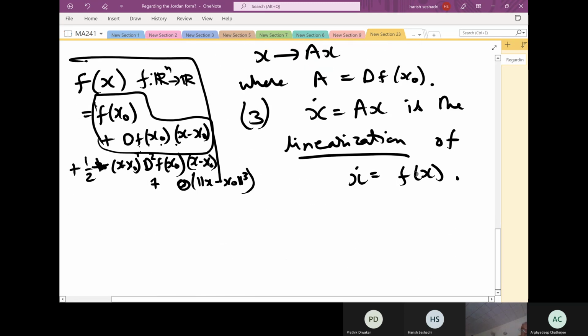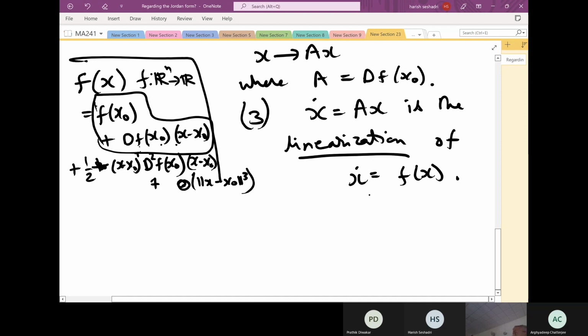So if you replace the function f of x by its linear part, that's Ax, you get a different ODE. That's called the linearization of the original one. The hope is that when we do this, by studying x dot equal to Ax, we should be able to get some information about the original one, which on the face of it seems like a big hope.